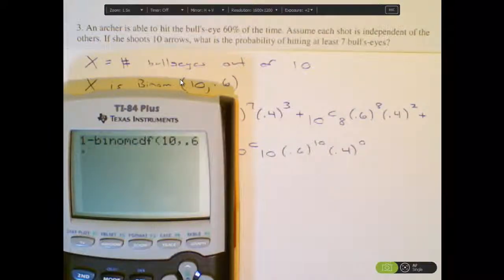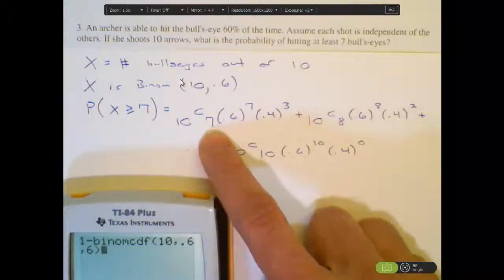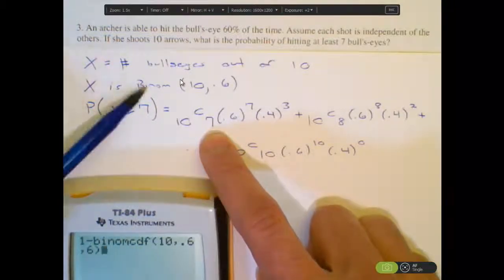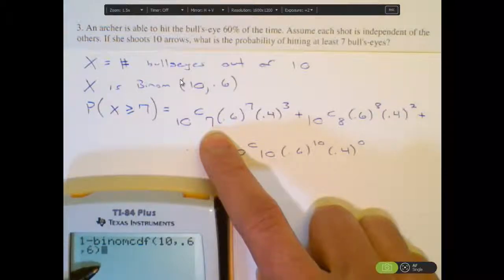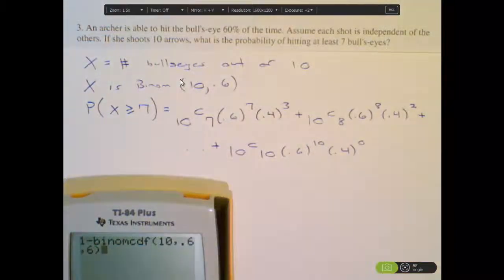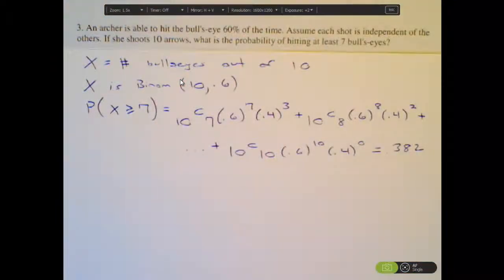Well, I need to get rid of 0 through 6 successes, leaving me with just 7 through 10. So I'm going to put a 6 here. Kind of shortcut is it's literally one number less than you're starting at. I started at 7 successes. I put 6 here. If this was greater than or equal to 5, this would be a 4. Okay? So this is 0.382. So my probability of getting at least 7 bullseyes is a little over 38%.